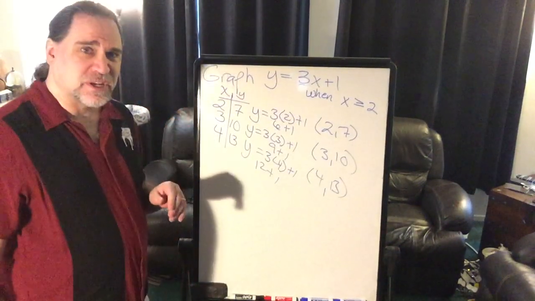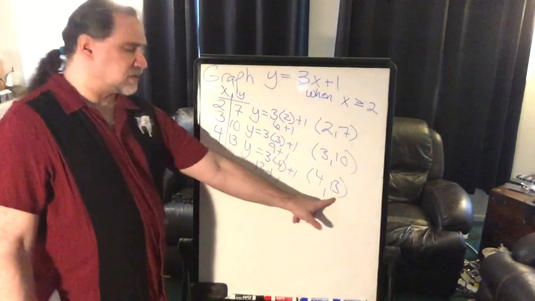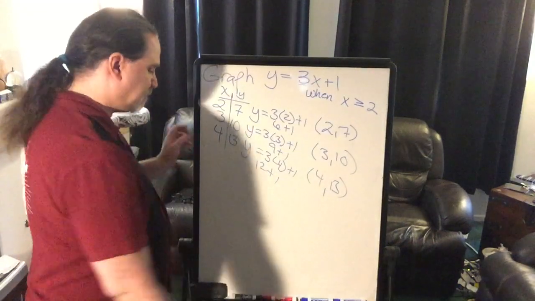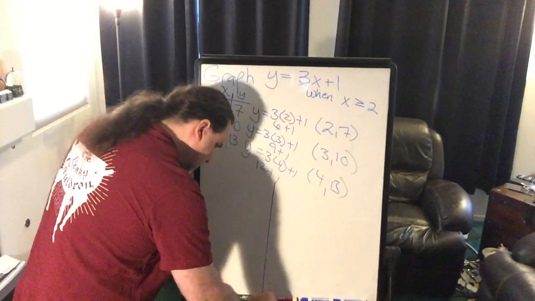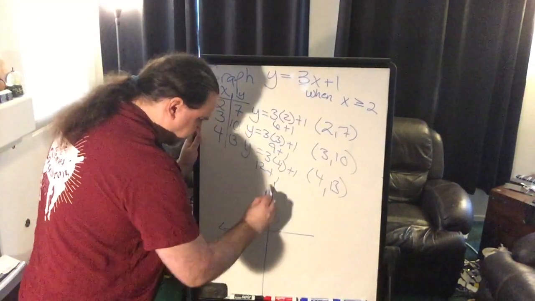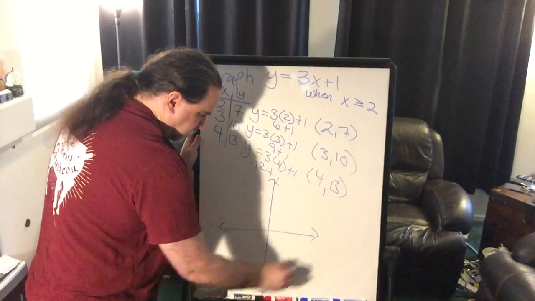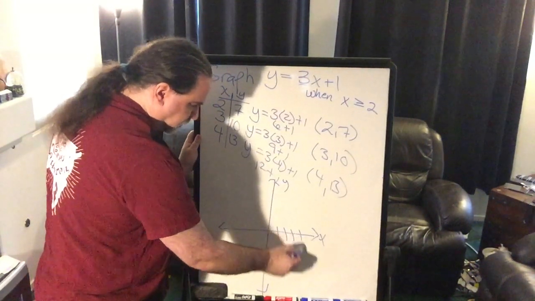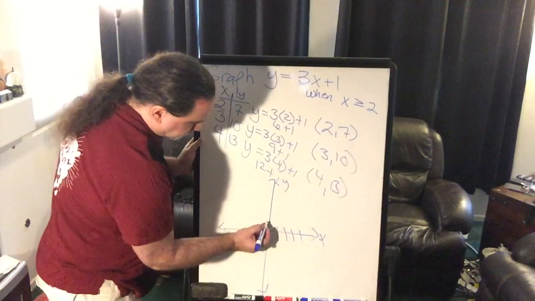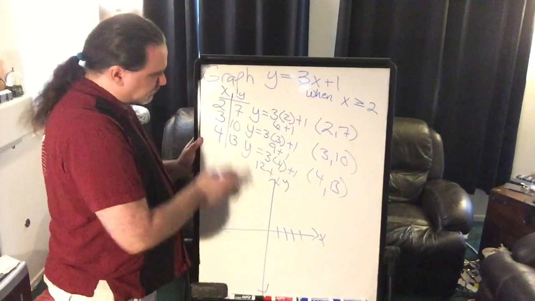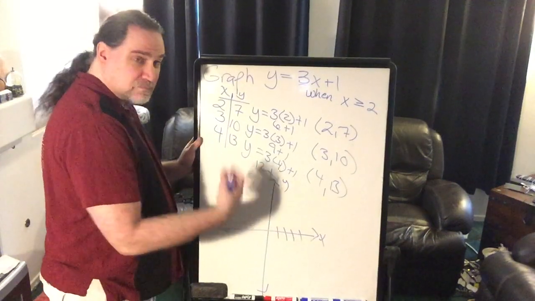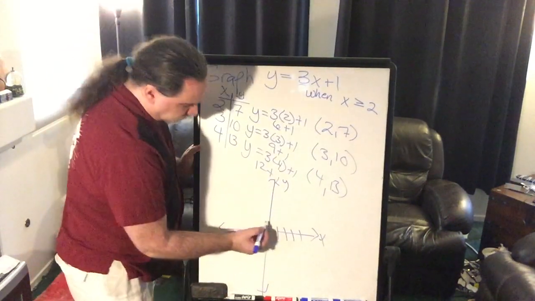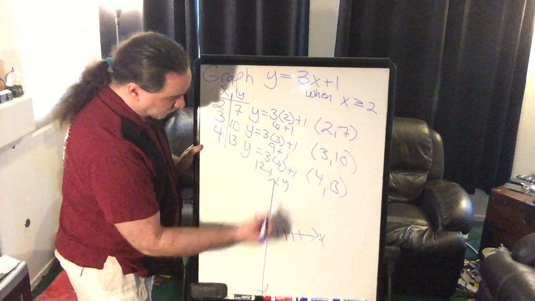Well, I'm going to need a little bit bigger graph because obviously I'm getting to a kind of a high number there with 13. So again, here's my x and my y, 2, 3, 4, and since I can only start at 2, I don't even have to put anything back here. I only have to go out. So now I have to go up all the way up to 13.